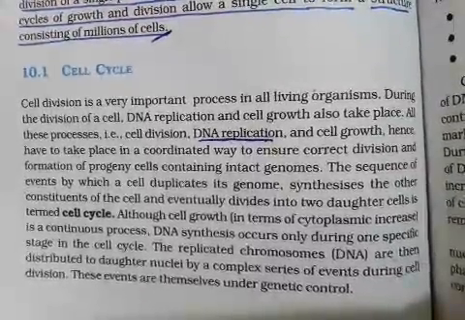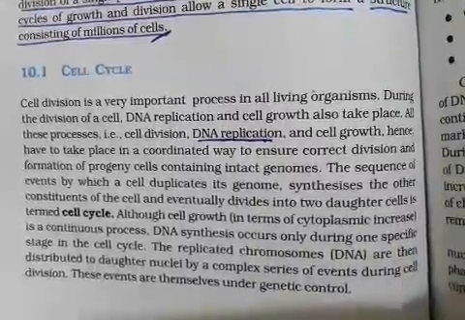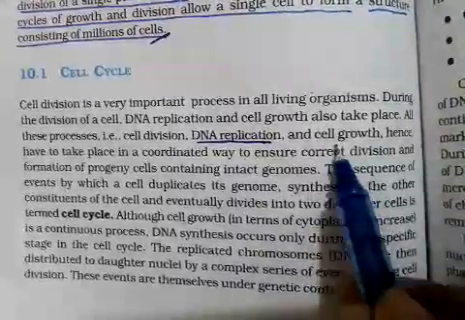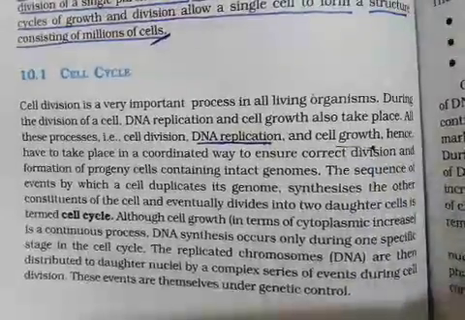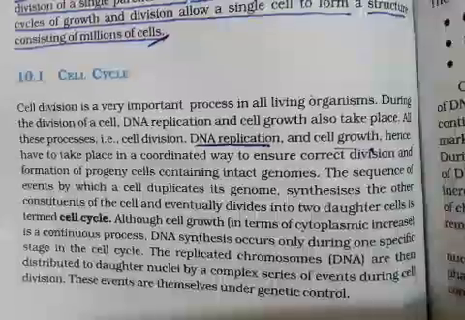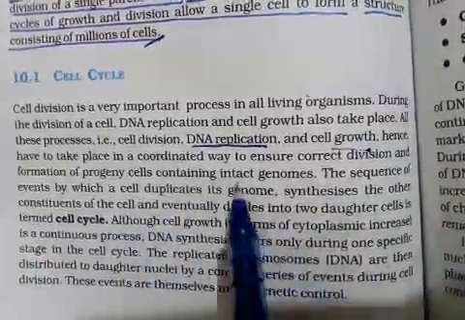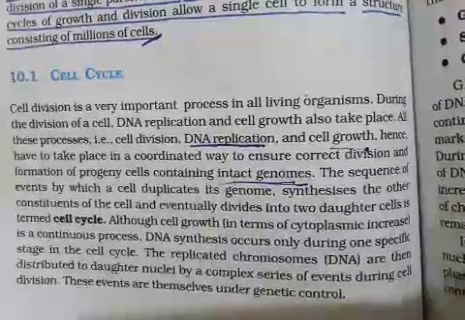That copy being formed is said to be the DNA replication, and the cell contents and cell organelles also increase in number, so that there will be equal division of the genetic material between the progeny cells, and the progeny cells have an intact genome which ensures their survival.